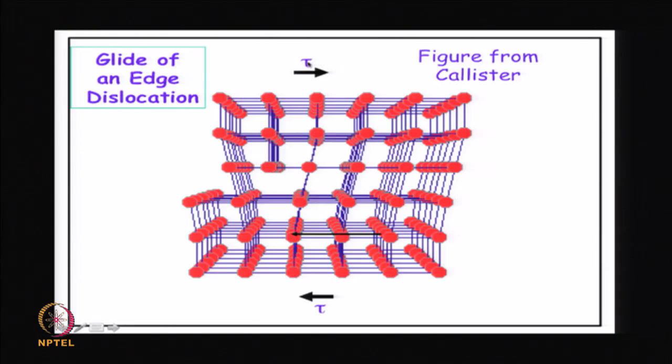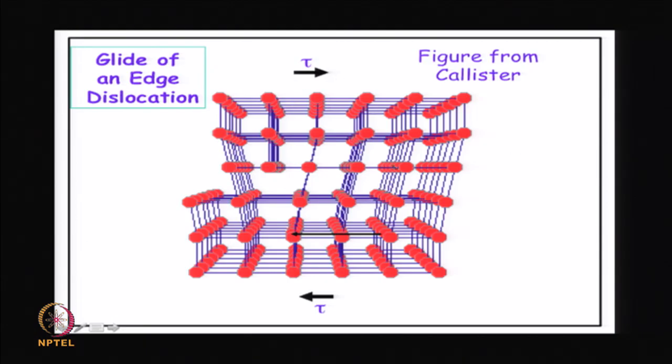With this symbol tau and this arrow, we are showing that we are applying a shear stress in this direction on this crystal. The tendency of this shear stress will be to shear the upper half of the crystal with respect to the lower half, and the direction of the shear of the upper half will be towards the right.